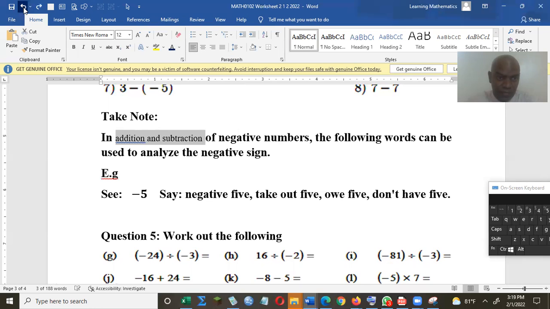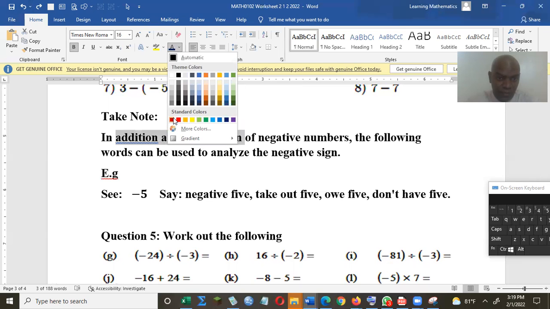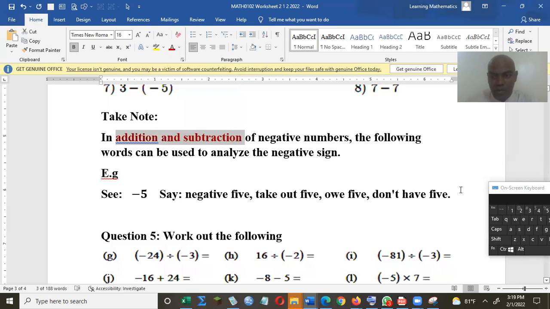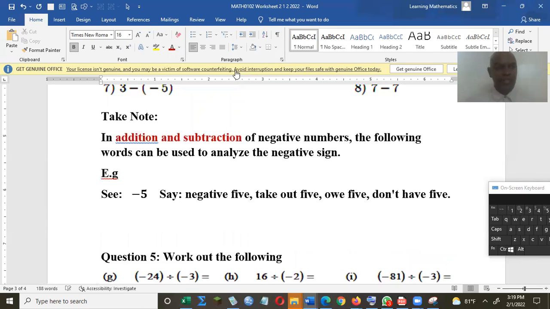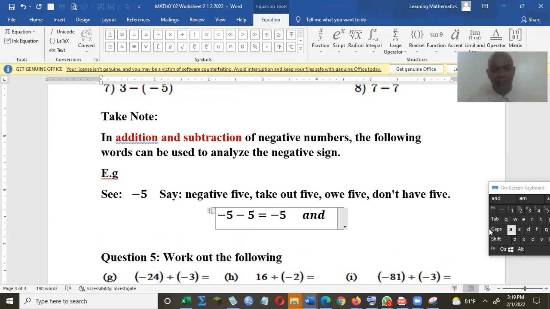Addition and subtraction. So take for example, you have a 5 and you have 5. This is actually -5 and -5.